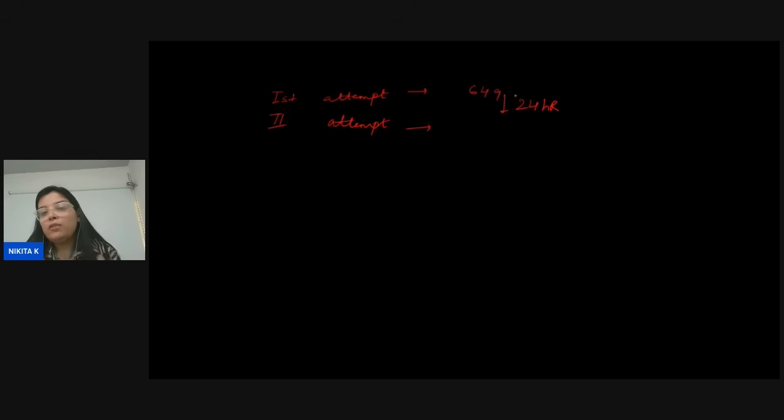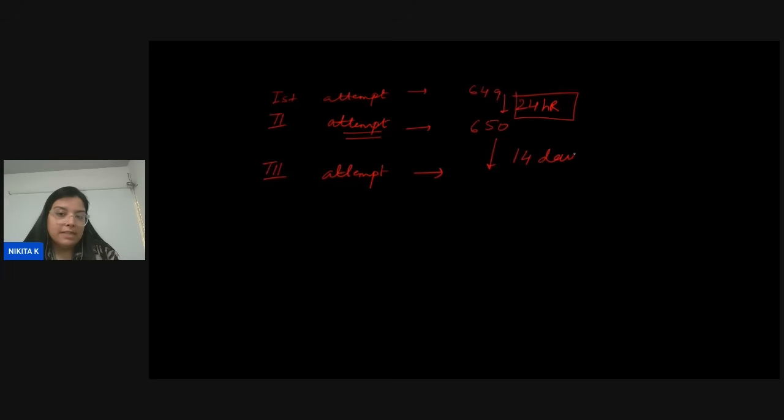You need to wait for 24 hours, then only your window will become active and you can go with the second attempt. Let's say in the second attempt you also score 650. Now you need to go with the third attempt as well. For the third attempt, you need to wait 14 days. So try to clear the exam in your first attempt only.